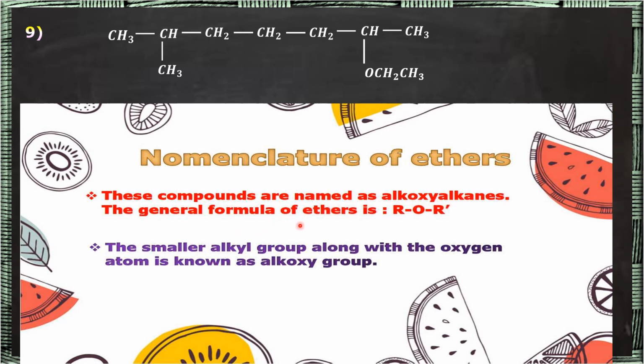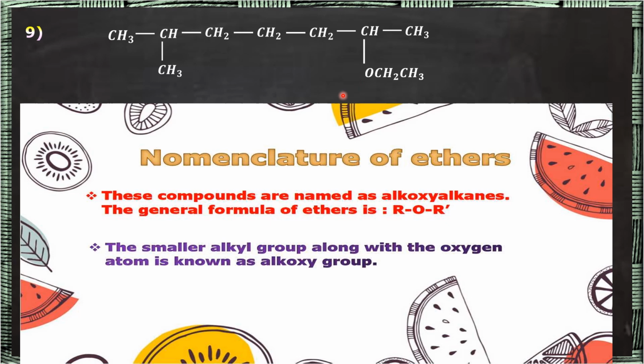The general formula of ethers is ROR'. Here R means the larger alkyl group, and the smaller alkyl group along with the oxygen atom is known as the alkoxy group. So R O R', isn't it?